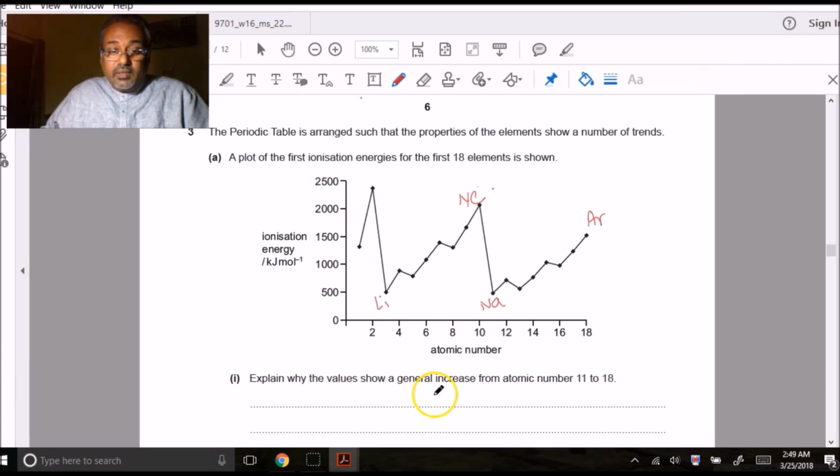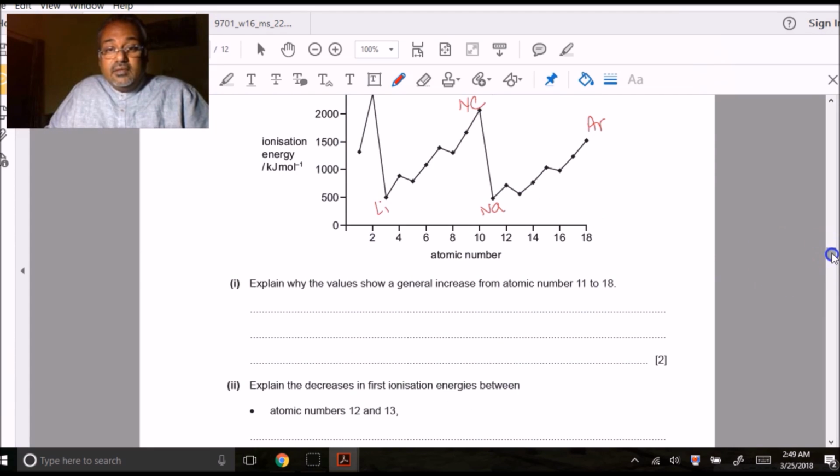And the question asks why you think there's generally an increase in the ionization energy from sodium to argon when you go left to right. Well, the general comment would be that when you go from sodium to argon, the number of protons increases.